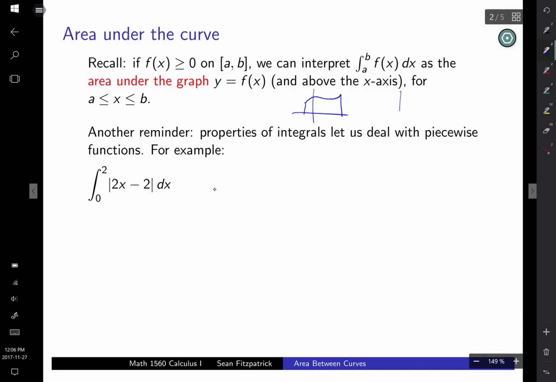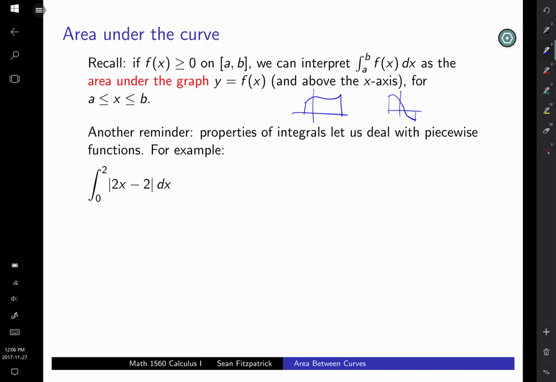And even in the case where the function isn't positive everywhere, we take the area that lies above the x-axis, we subtract the area that lies below, and that still gives us the integral in that case. So we think of integrals in terms of area, and this is what you should always have in mind when you're calculating integrals.